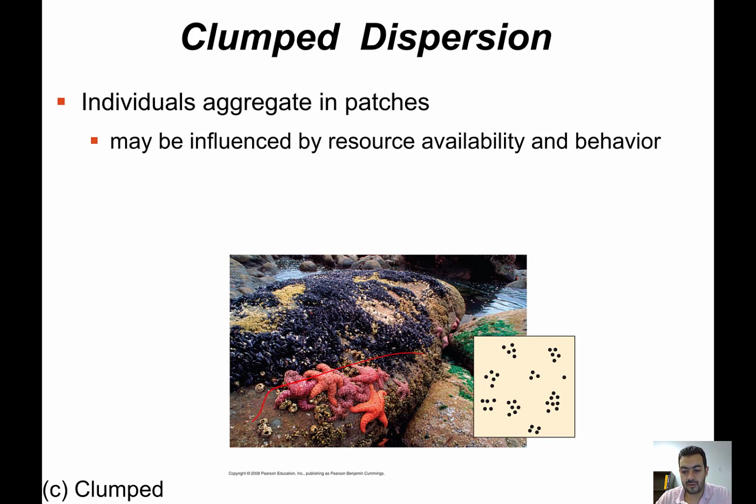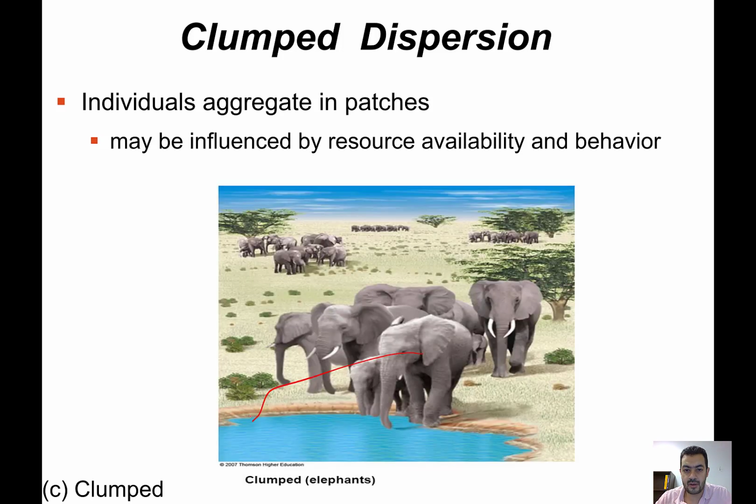The same pattern we may see in other animals, for example elephants. They tend to form a herd, so they show the clumped dispersion, which is a kind of behavioral interaction for protection, moving in groups so they are protected.